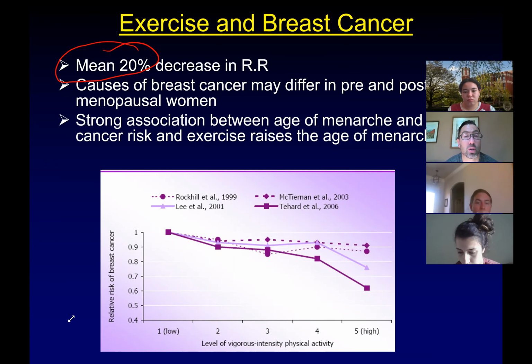Okay. If we line you up, the younger a woman is when she goes through puberty and has her first period, the greater her risk of developing breast cancer. I know that seems kind of crazy, but there's where we are.